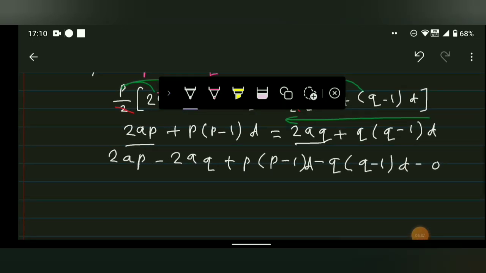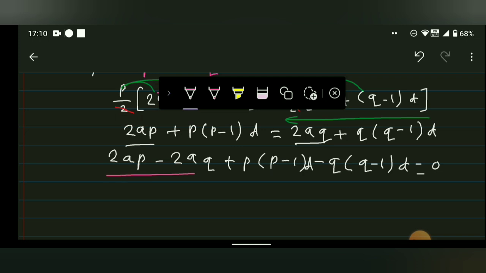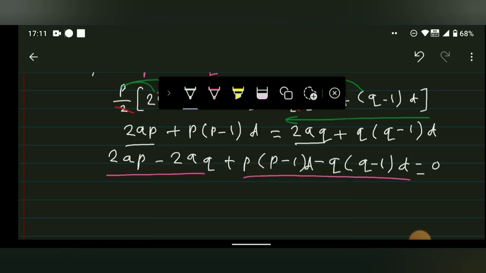So now we are getting this equation. Again there is a simple part of calculation. We consider the first two terms and the final two terms and take common factors. From the first two terms we can take 2a common, so in the bracket there remains only p minus q, whereas from the other two terms we can take d as common, since d is there on both.